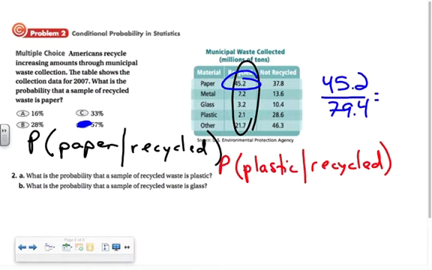So I'm using the same denominator again, 79.4. And my numerator this time is 2.1. And that is 2.6%.